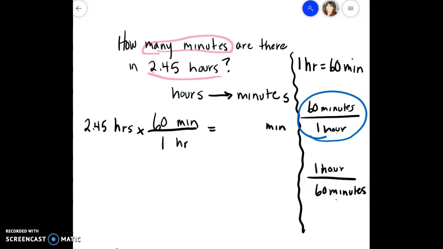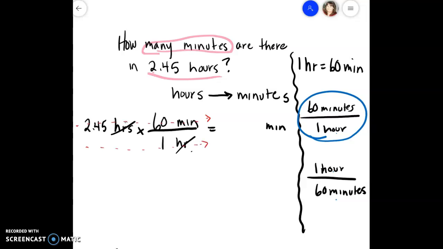Now when I multiply across, the hours will divide out, because when you have units in different locations, one in the numerator and one in the denominator, those will cancel out. Then I will multiply across the top and across the bottom.